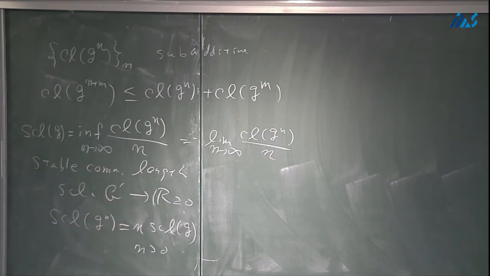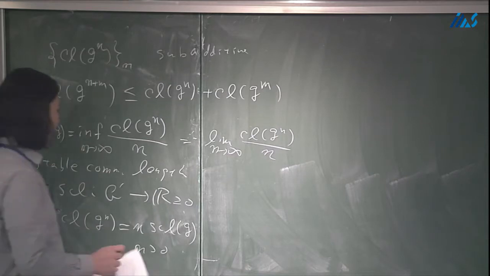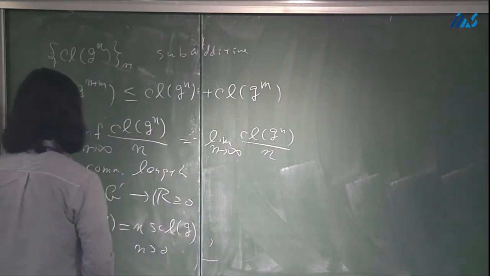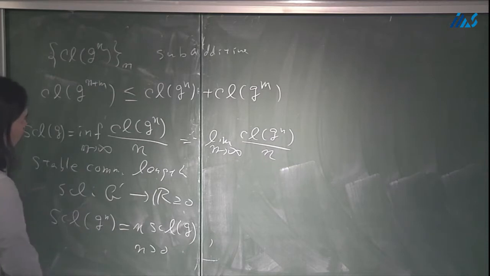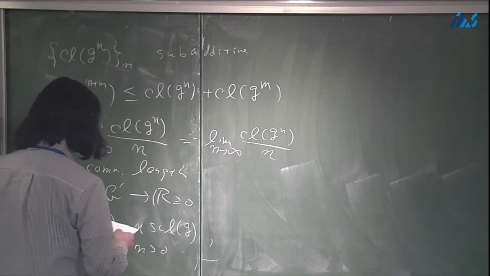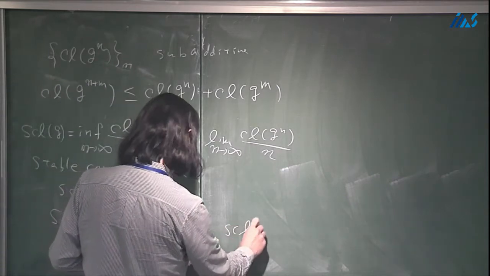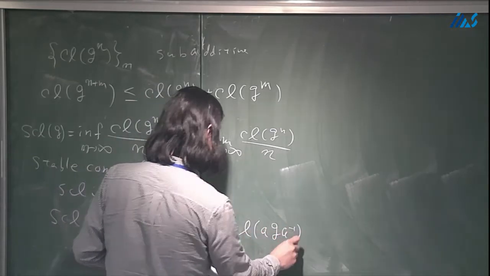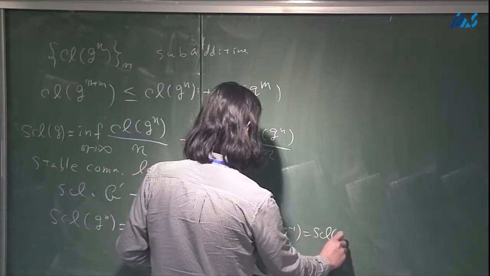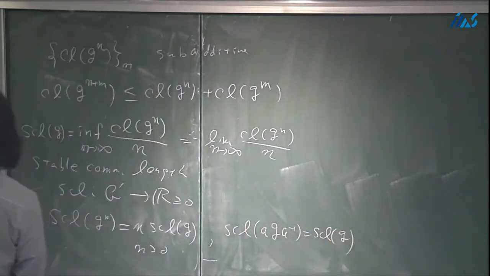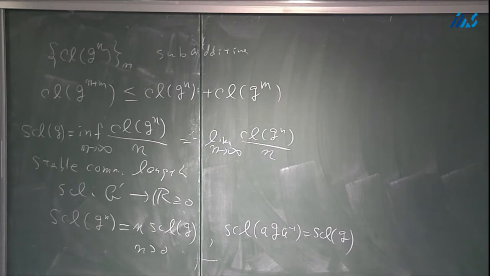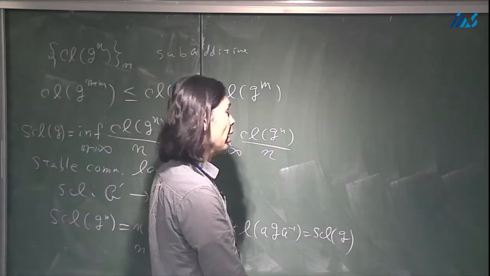Also, what do you know about this function? Well, it's constant on each conjugacy class. That's true even before you go to SCL. It's true for CL, but I'll just write SCL of the conjugate of g is SCL of g. You can see it because if you take a conjugate of g, you can just take the conjugate of all of the commutators, and that's why CL of g is the same as CL of the conjugate of g by a.